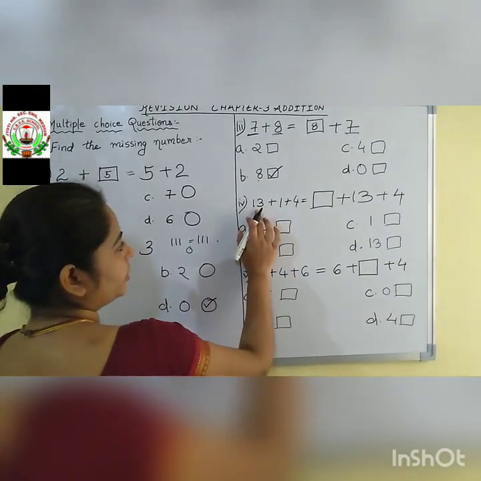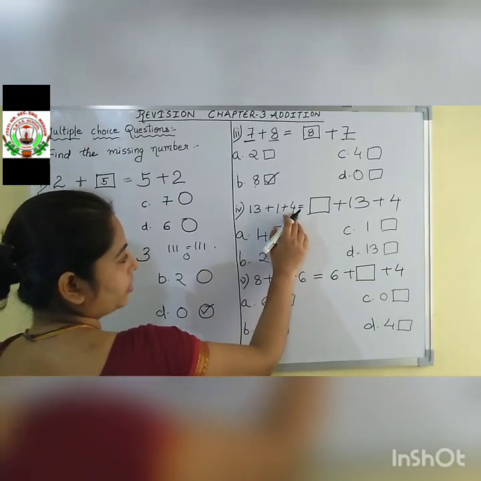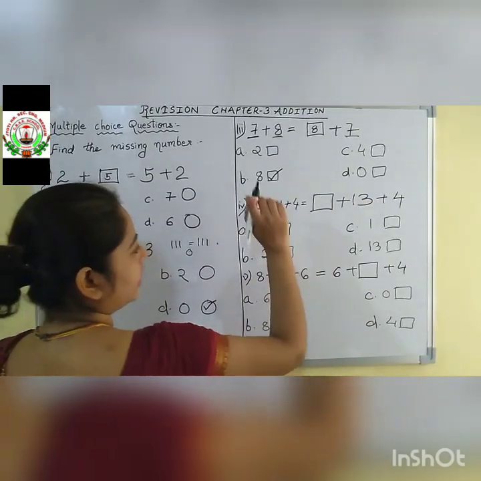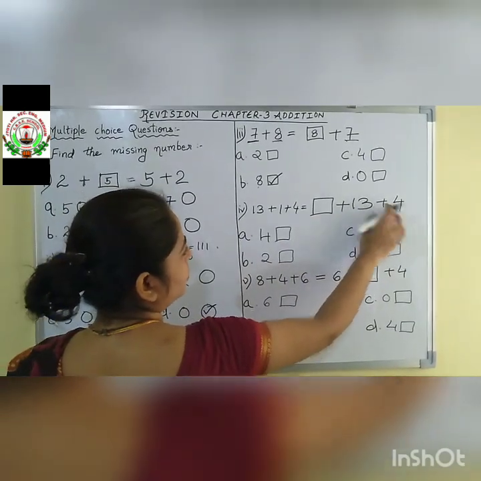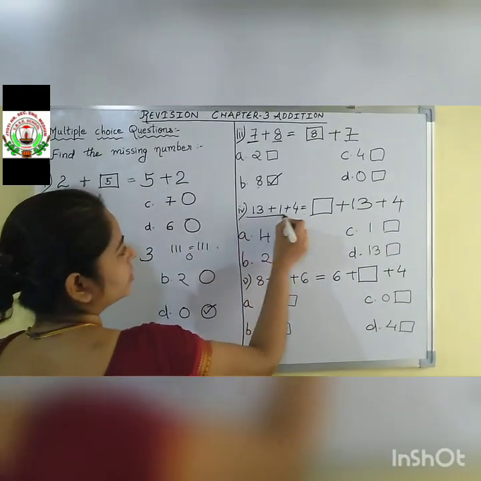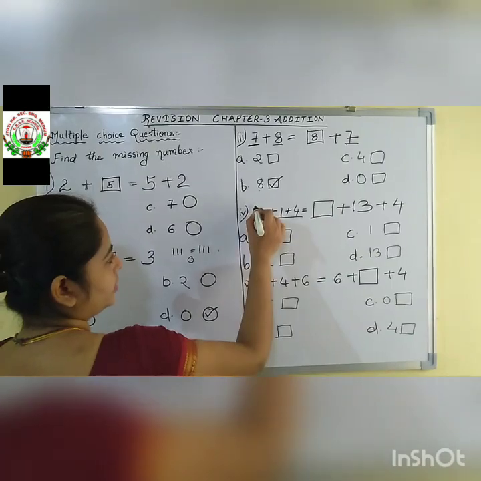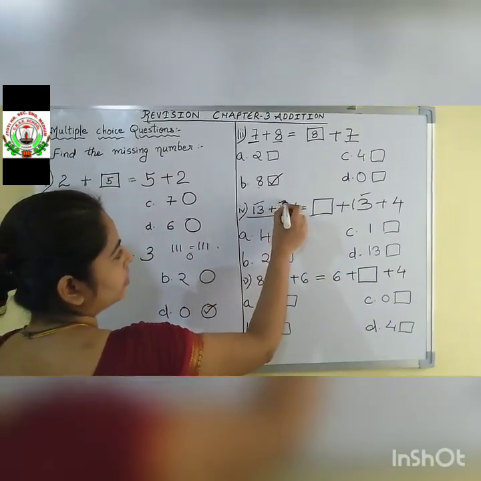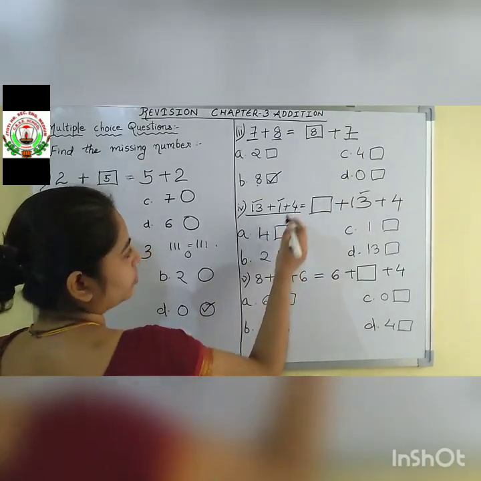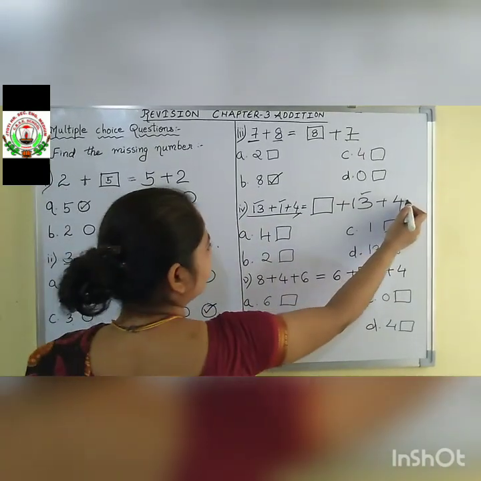Fourth, 13 plus 1 plus 4 equals, on that side also, missing box plus 13 plus 4. See children, here 3 numbers are there. 13 and here also 13 is there. Here 1, but is 1 there? No. Here 4, here also 4 is there.